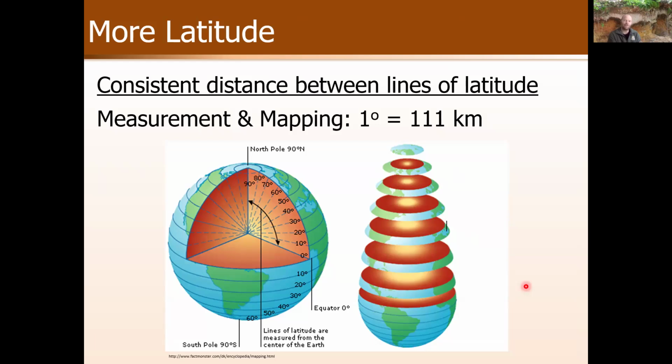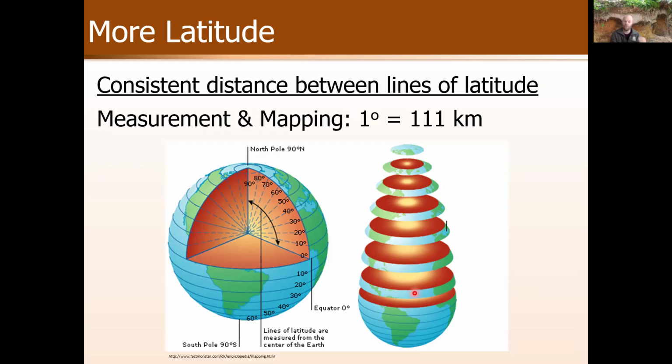In this case, because they're parallel, if you were to slice a perfectly spherical orange, for example, as you slice it, the distance between any two lines of latitude, so between 0 and 1 degree, is exactly 111 kilometers.